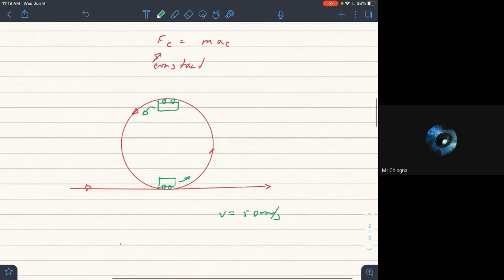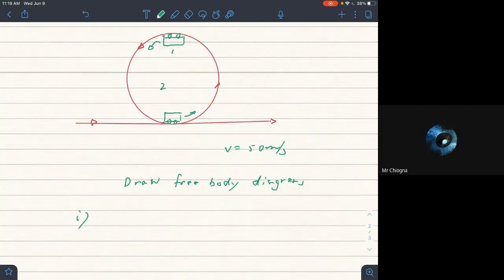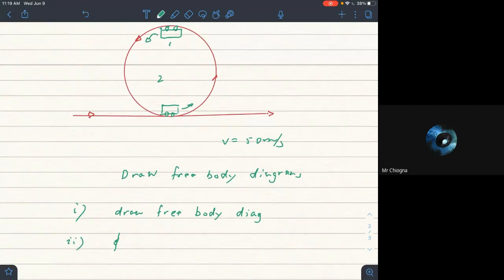Draw the free body diagram for each of these, for position 1 and 2. And relate it to the centripetal force. So number 1, draw free body diagram. Okay, and relate those forces, whatever the forces are in the free body diagram, relate those forces to Fc, the centripetal force.